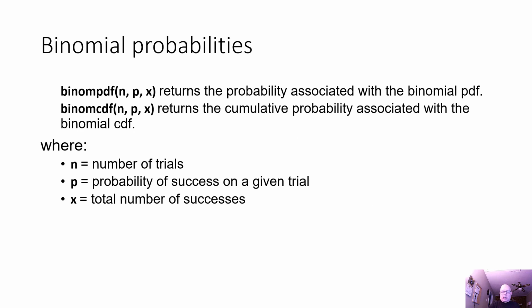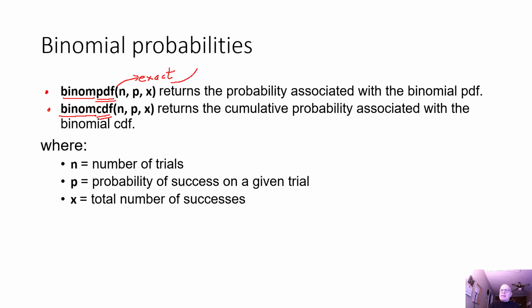So you've got two main functions inside the TI-84. Both of these are binomials, you can tell by the beginning of the word. And this one's PDF, this one's CDF. Those are the two functions. And the first one, remember the PDF, look for the word exact.